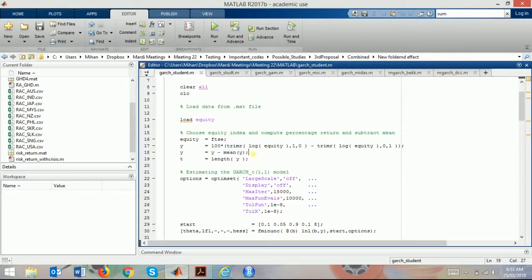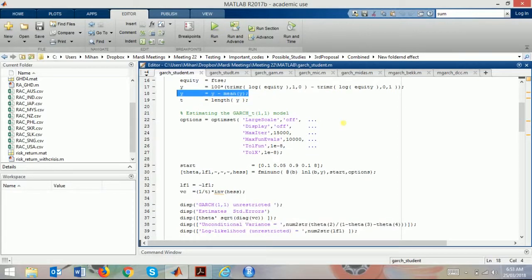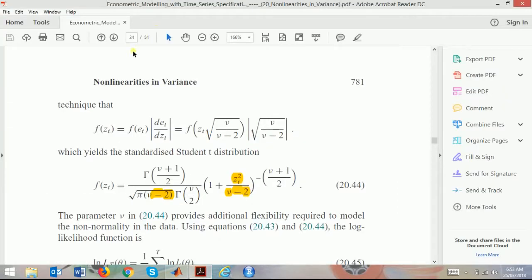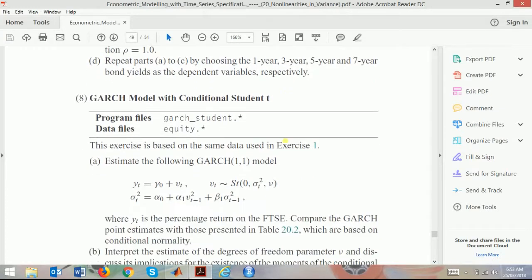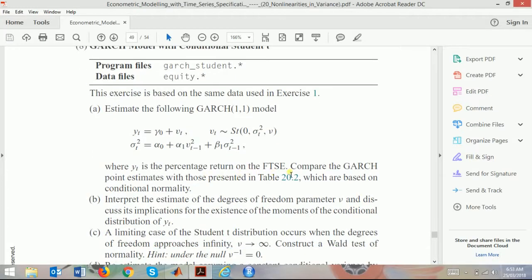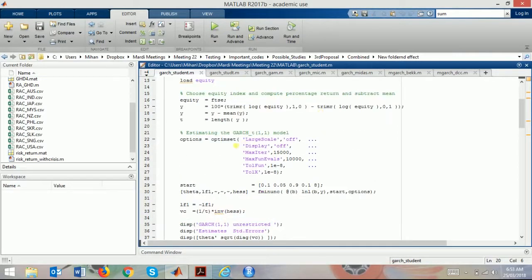So we have found the percentage return, we subtracted the mean, and because the question suggests us to do so, let's have a look one more time. The question asks us to find the percentage return, so this is what we always do with return data. Then we optimize.